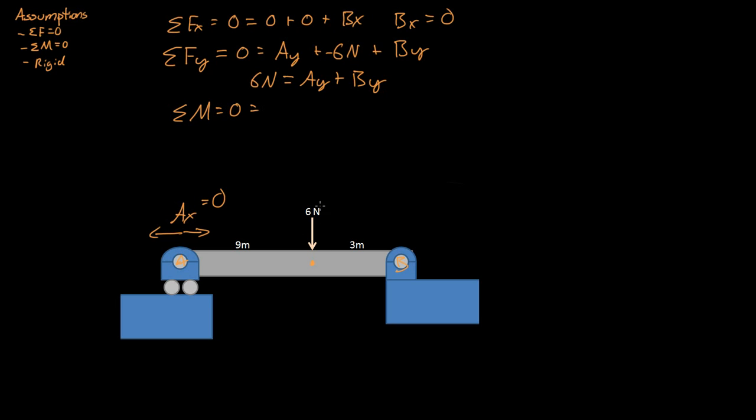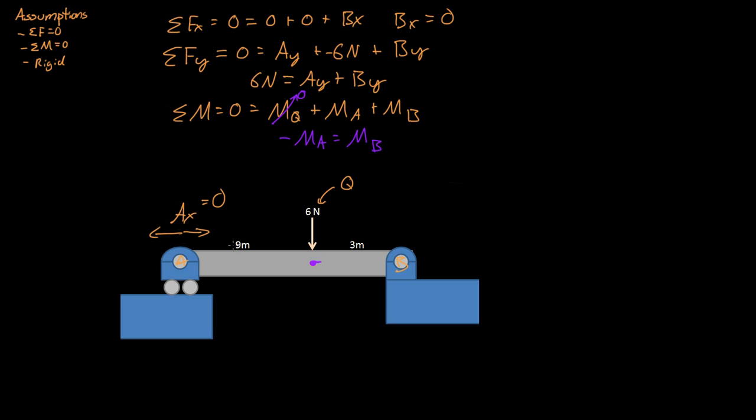So we have our 6 newton force, we're going to call this force Q. So the moment of Q plus the moment of A plus the moment of B. Q is going straight down to this point, so that's 0 because there's no distance. It has no lever arm. So then that means a negative A moment must equal the moment of B.